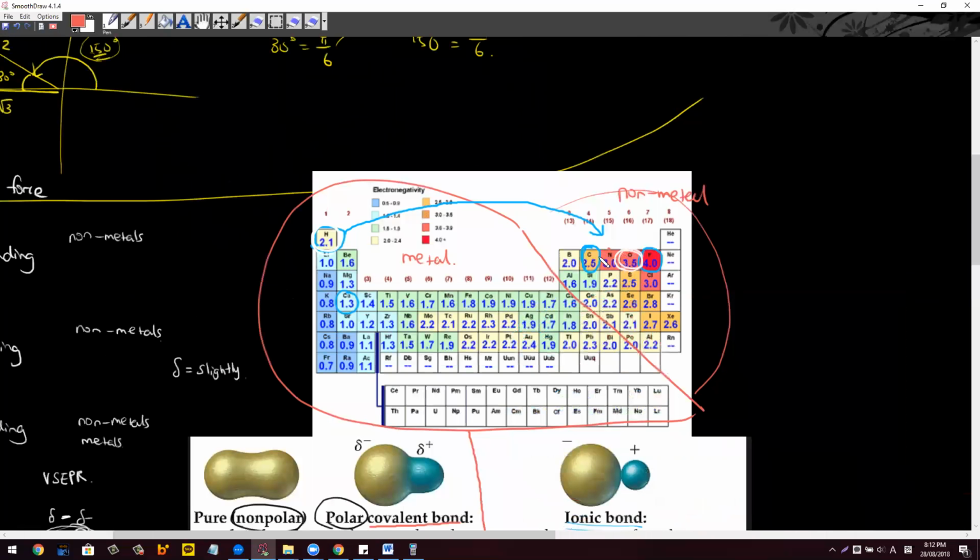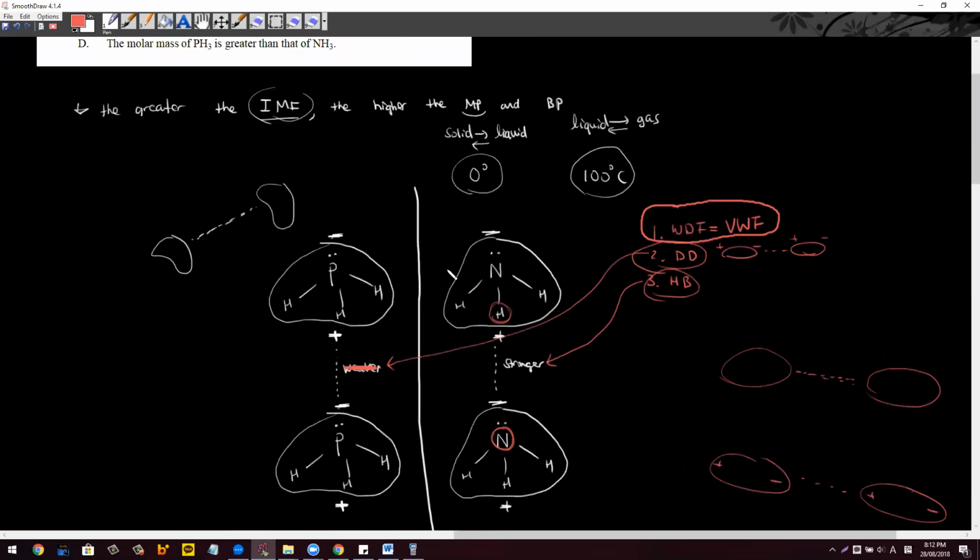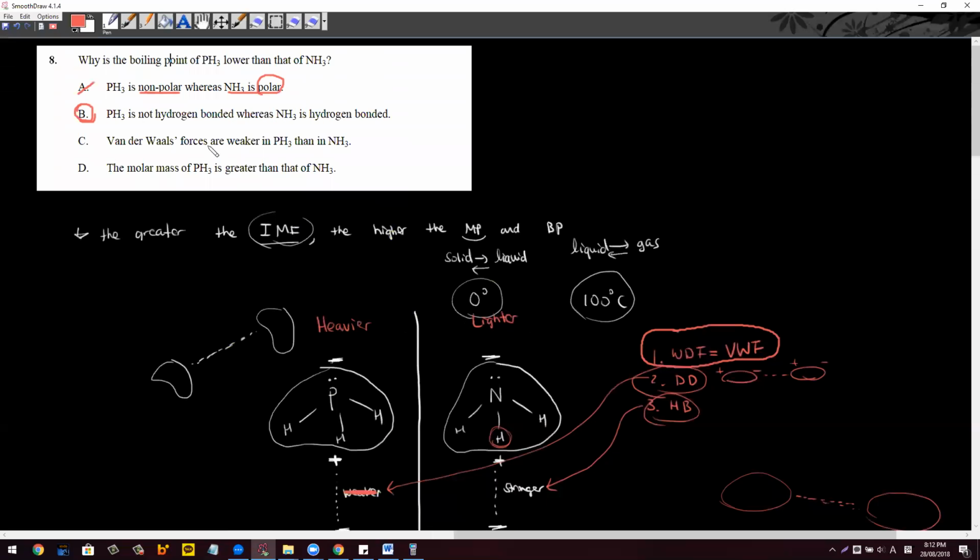So the nitrogen is here, and the phosphorus is here. So definitely this one is a heavier molecule than this one. This is heavier, and this is lighter. Which one is going to have more van der Waals force?